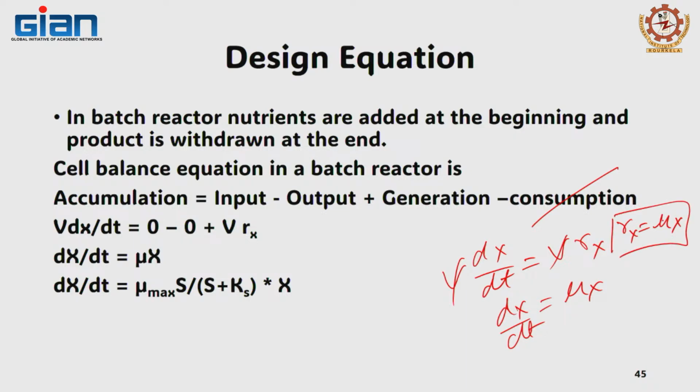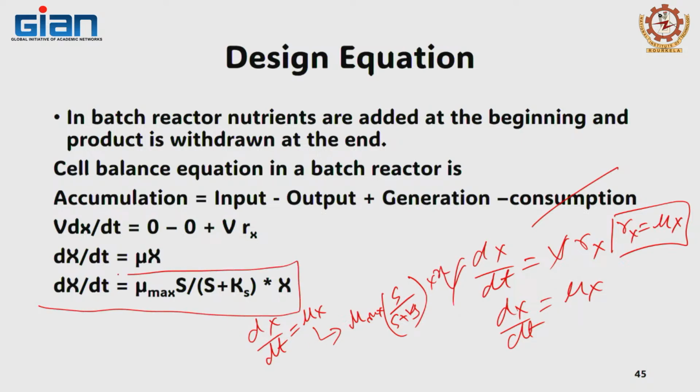So now we know dx/dt is mu x. Now, mu using Monod's model is mu max S divided by (Ks plus S). So, this is how the equation came, and your Monod's model came up here for the value of mu.